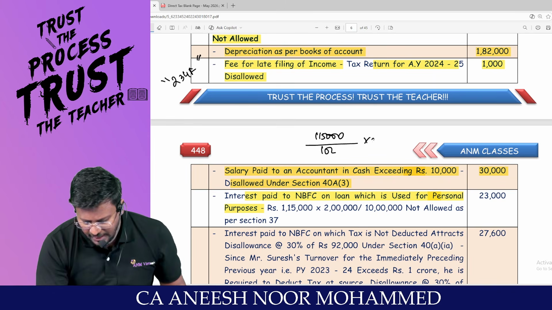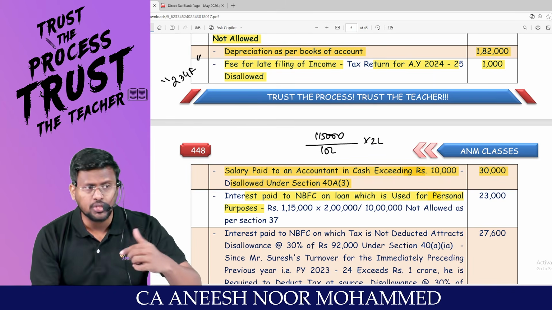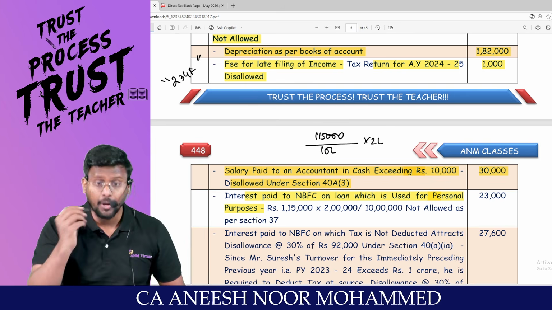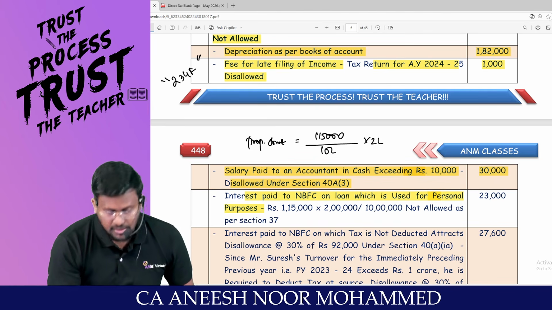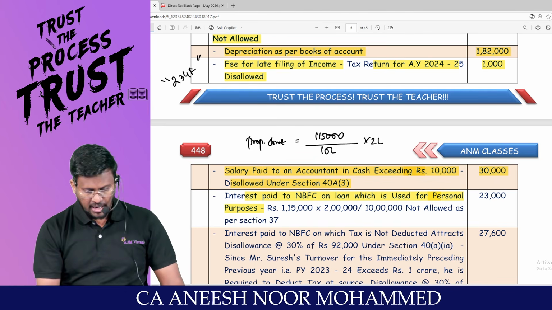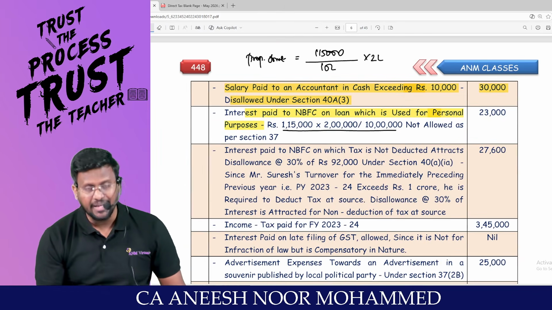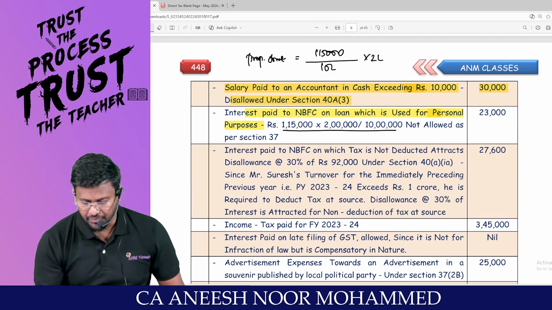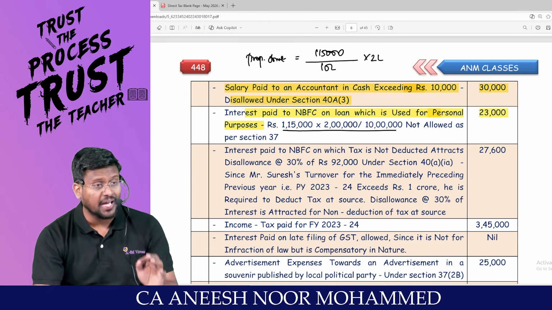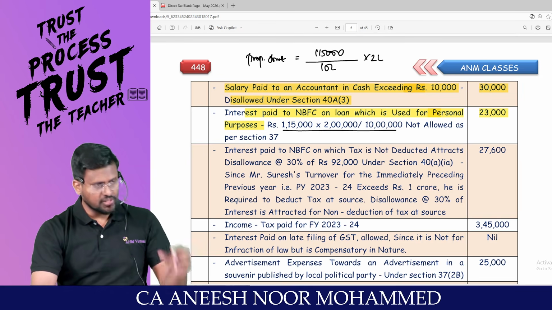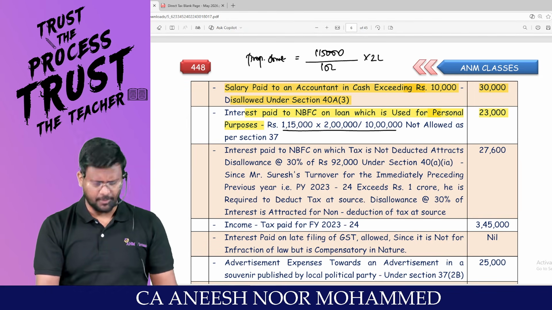Out of that 10 lakh, 2 lakh rupees is the amount which has been used for personal purpose. So, proportionate interest they are calculating. How to calculate? 1,15,000 divided by 10 lakh into 2 lakh comes to 23,000. Should be added back, because this much amount of loan has been used for personal purpose.